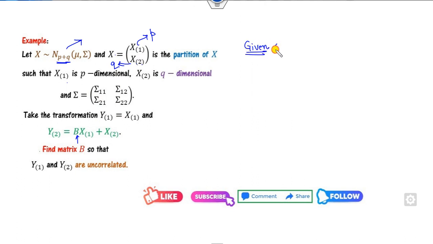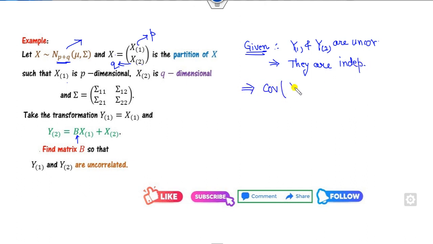So what is given to you? It is given that y1 and y2 are uncorrelated, what is the meaning of the uncorrelated? Means they are independent. So once they are independent, it means the covariance between y1 and y2 is my 0.